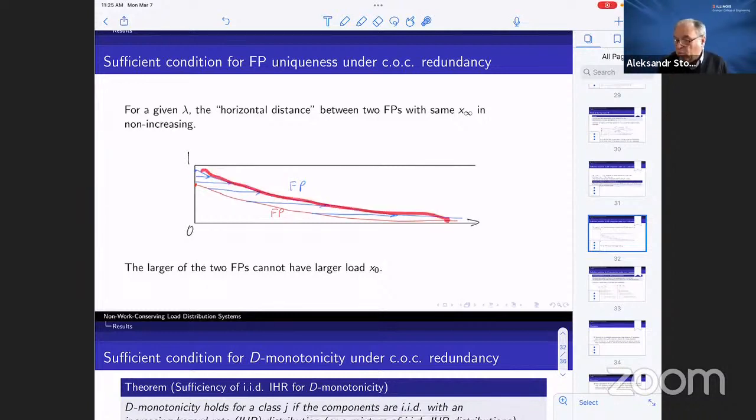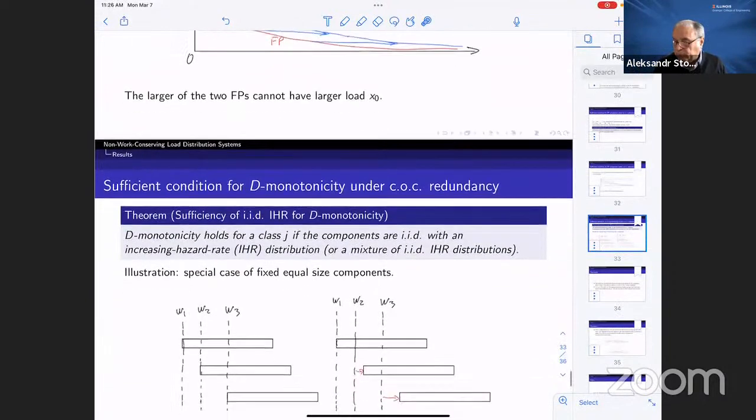For this fixed point, the workloads of servers are more spread out, so on average the amount of workload added has to be less than for this one. And yet the load is larger, a contradiction.